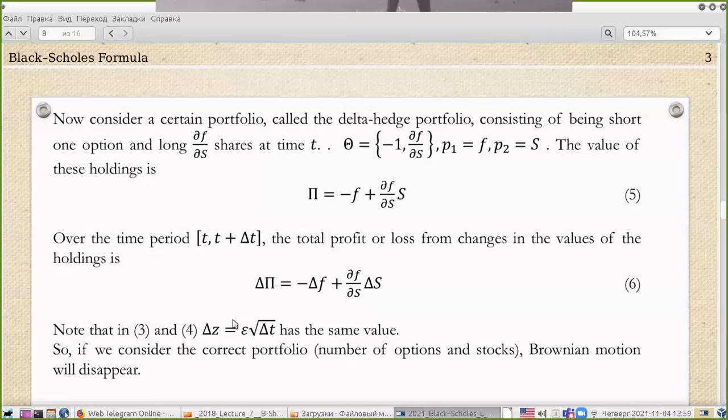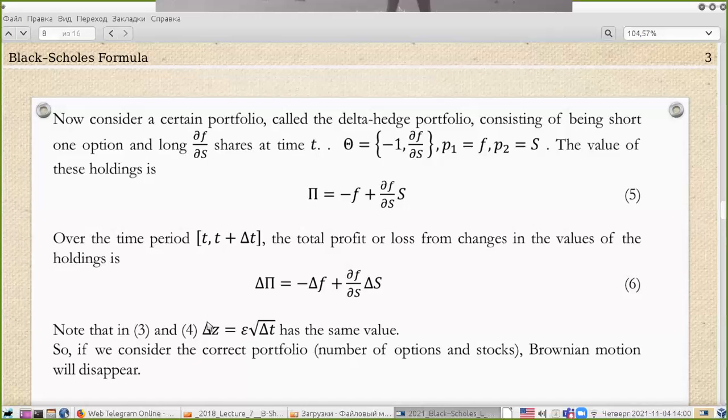And we remember a very important formula that the increments of the Wiener process we can write as epsilon multiplied by the square root of delta t, where epsilon is white noise. It is a process with independent increments, and its distribution is normal with mean 0 and variance 1.